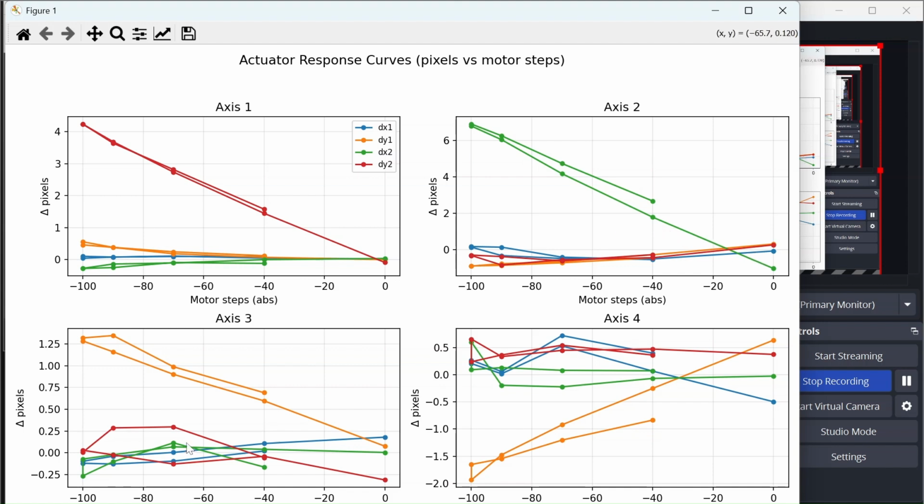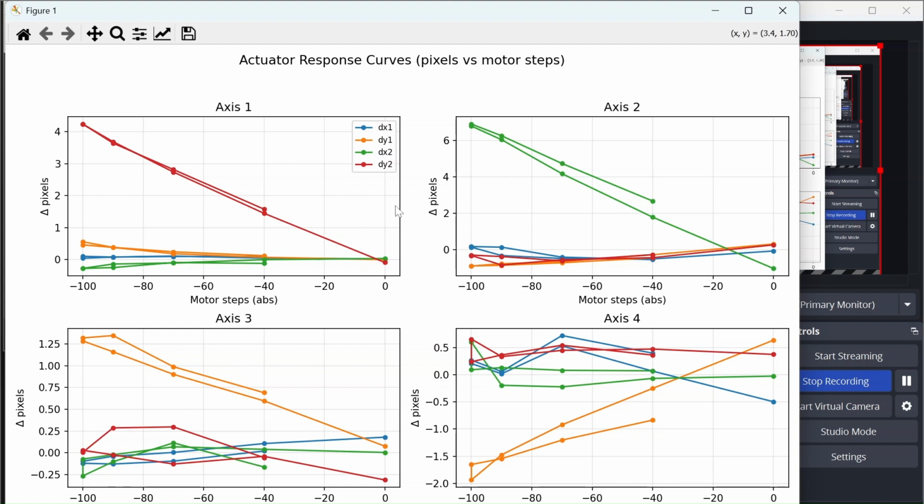And then also for your third, there's the motor steps as well. This is just a bit less, but you can see that all of the dx, dy positions are controlled by the different axes. So, for instance, the y-axis for the second spot is controlled largely by the third axis of the 4 different actuators.